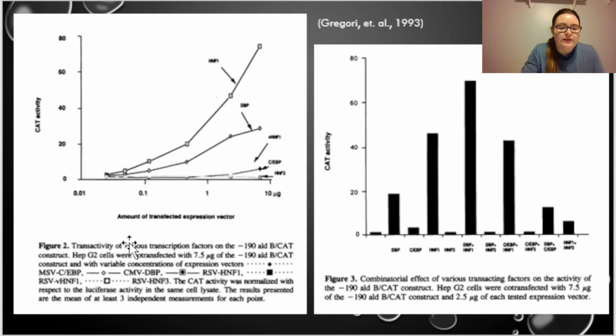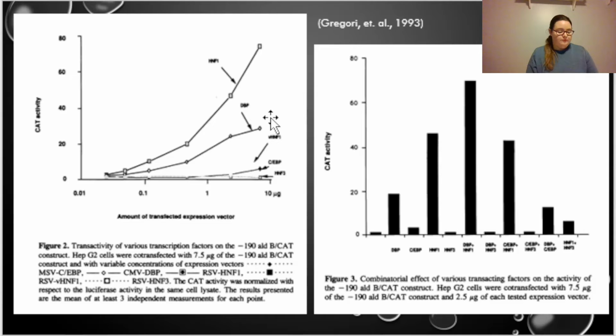But in this one in particular, we're looking at the expression vectors and how each transcription factor does in regards to catalytic activity. First, the ones that have the highest are this one and this one here. This first one is HNF1, and the second one is DBP.